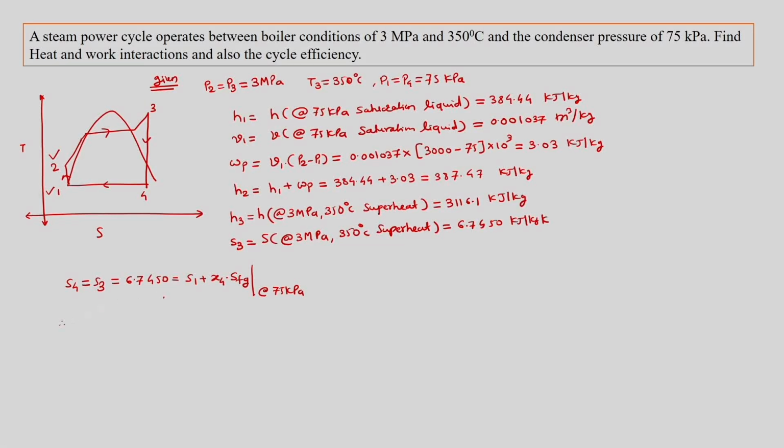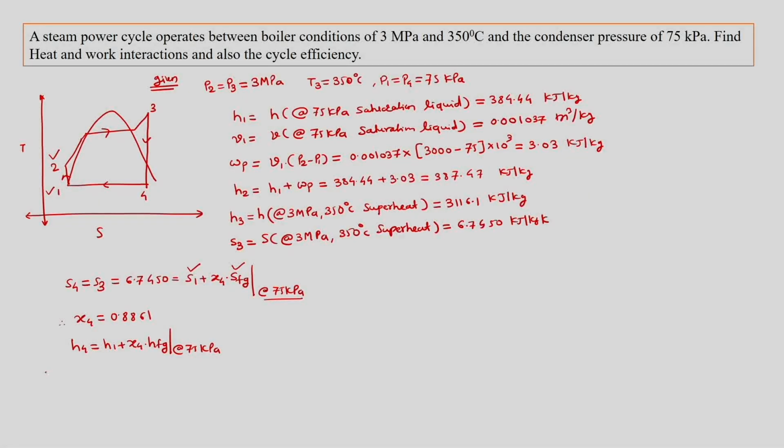So we will see in the steam table what is the liquid saturation entropy S1, what is the latent entropy SFG corresponding to 75 kilopascal, and from that we will get X4, and X4 turns out to be 0.8861. Knowing this, we can find out H4, which is H1 plus X4 into HFG at 75 kilopascal.